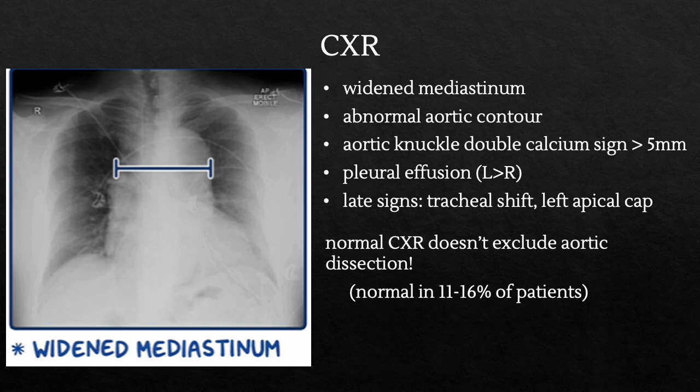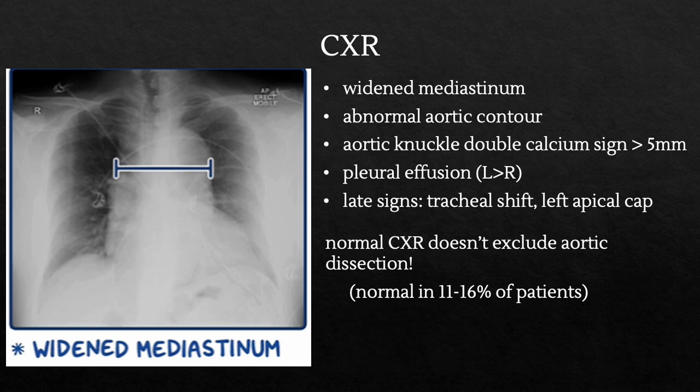So when you do a chest x-ray on a patient with a suspected aortic dissection, these patients will usually, if it is type A, present with a widened mediastinum. They might also have an abnormal aortic contour. They might have an aortic knuckle double calcium sign, but it needs to be more than 5 millimeters to be significant. Might present with a pleural effusion, usually on the left side more than the right, due to the course that the aorta takes.